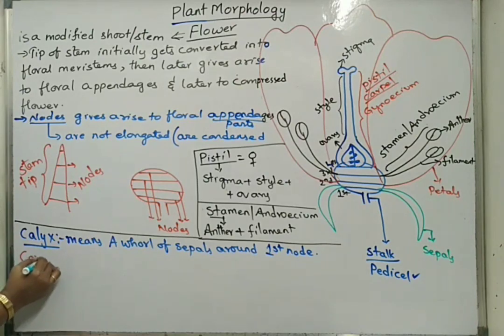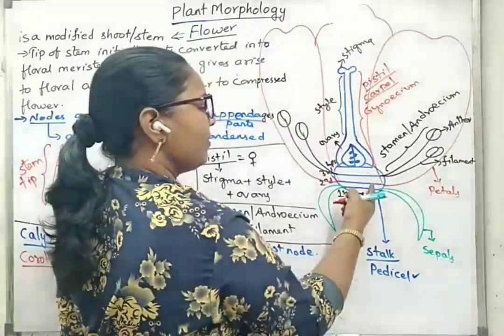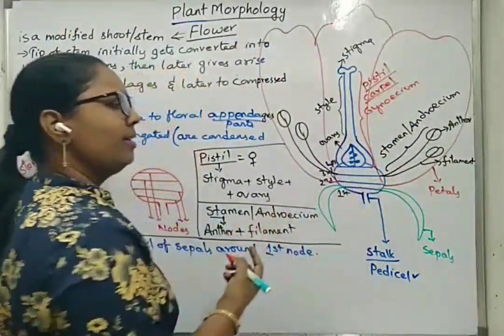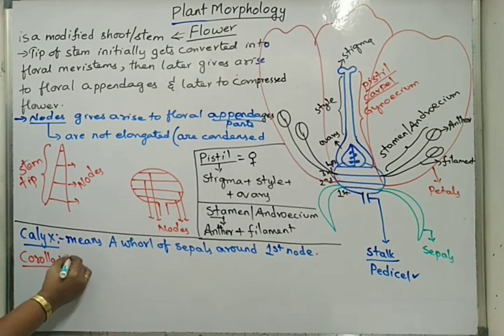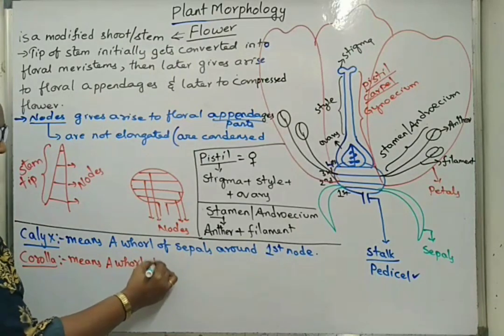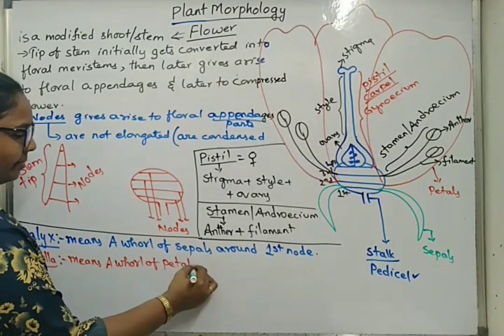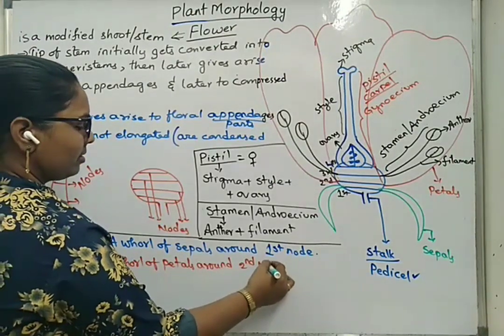Next one, corolla. In the same way that sepals are arranged around the node, if petals are arranged like a whorl around the node, such an arrangement is called corolla. Corolla means a whorl of petals around the second node.